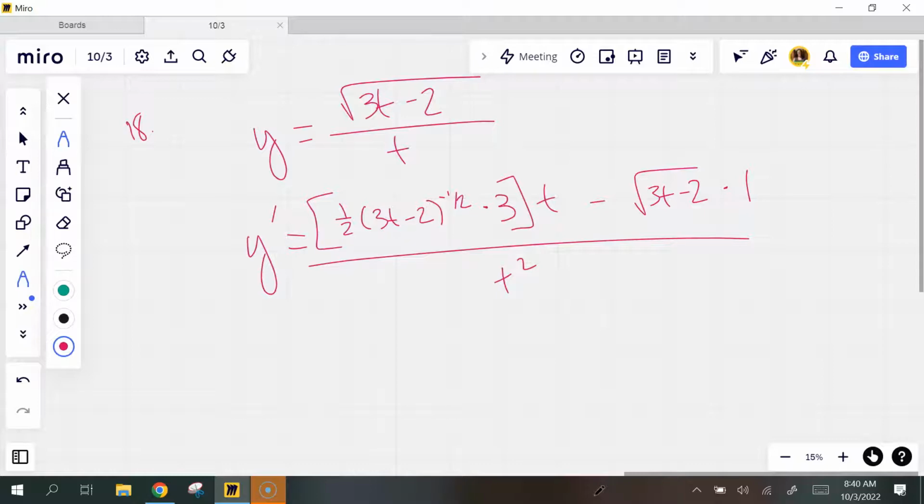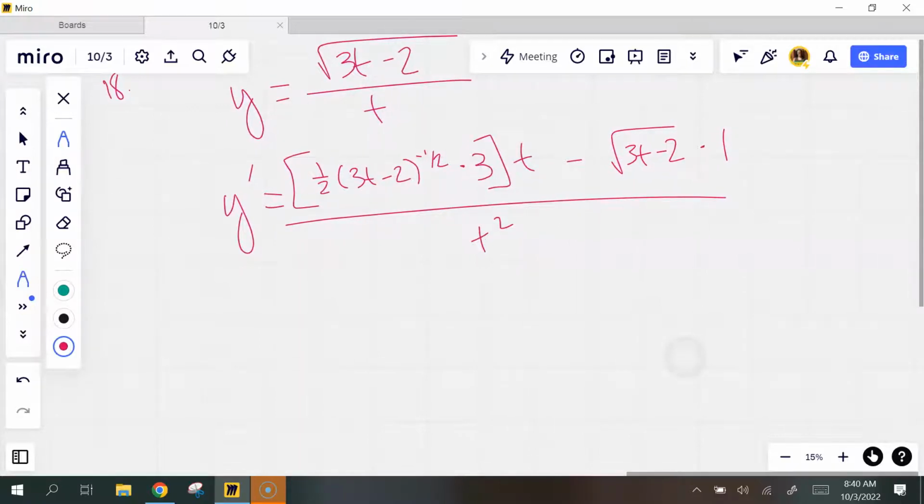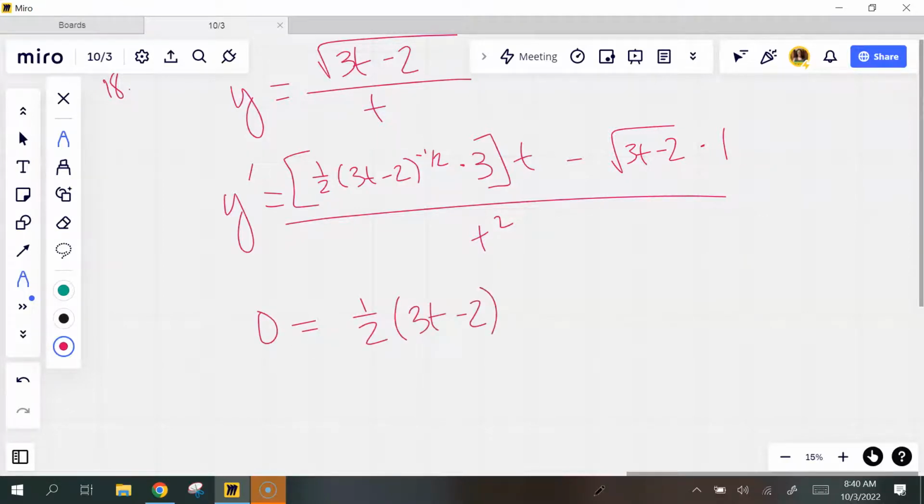I feel like whenever I did this, I did top, and then I did top again. Like, okay, when is the top equal to 0?